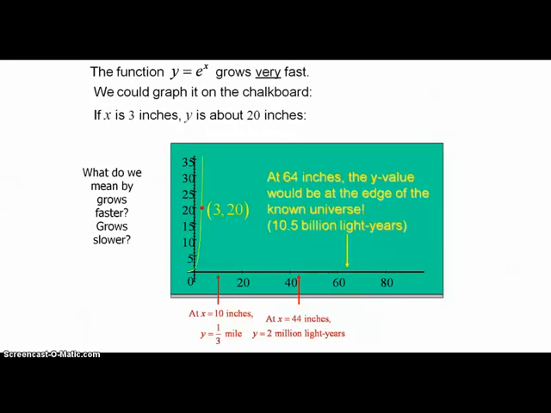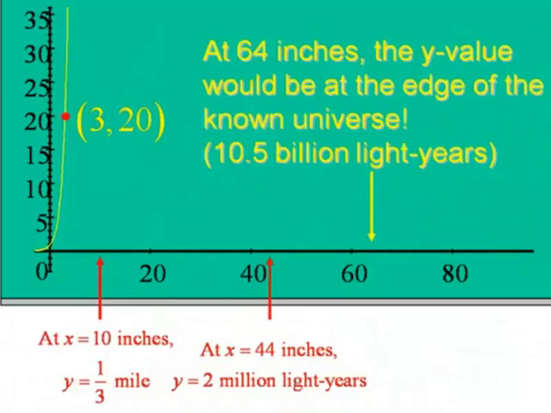To put it in perspective, if x is 3 inches and y is about 20 inches, then at 10 inches, the output of e to the x is a third of a mile.